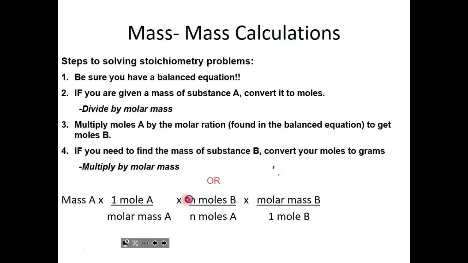Then you're going to multiply by the mole ratio. Okay, that's what this conversion factor is. You get the values from the balanced equation, and then you multiply by the molar mass of your unknown. Okay, and that should give you the mass of your unknown, which is B.